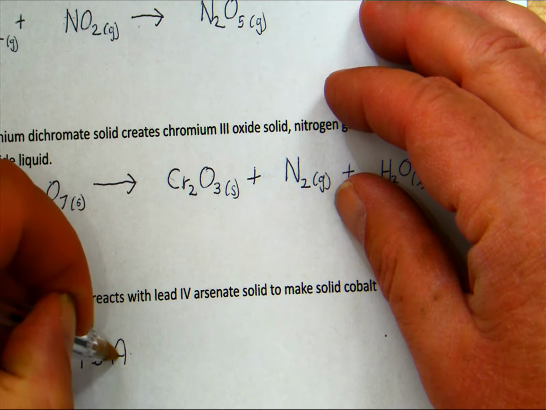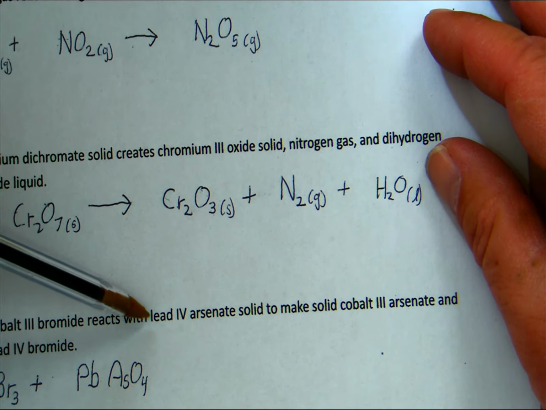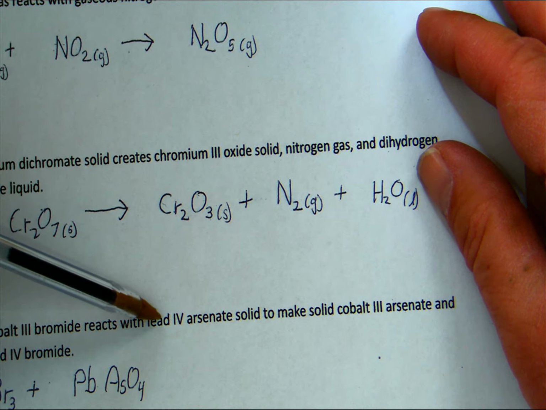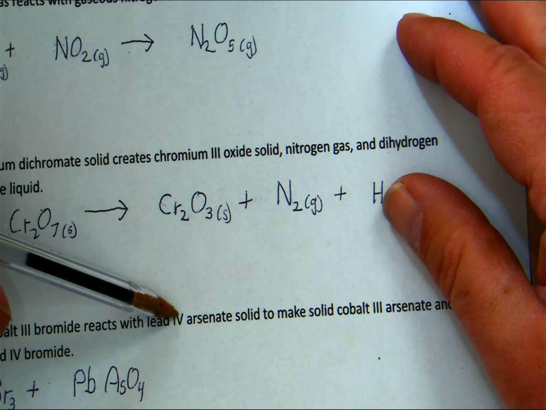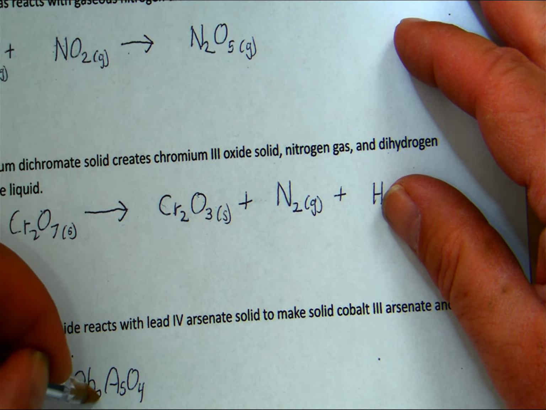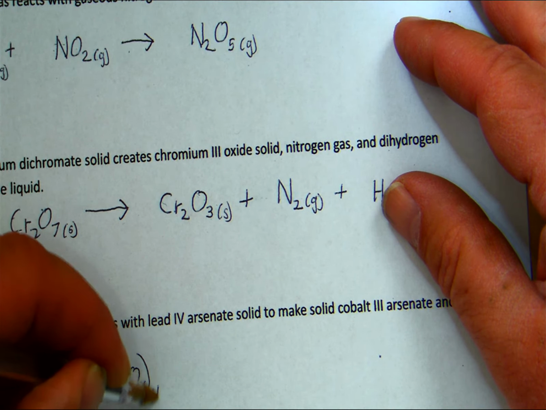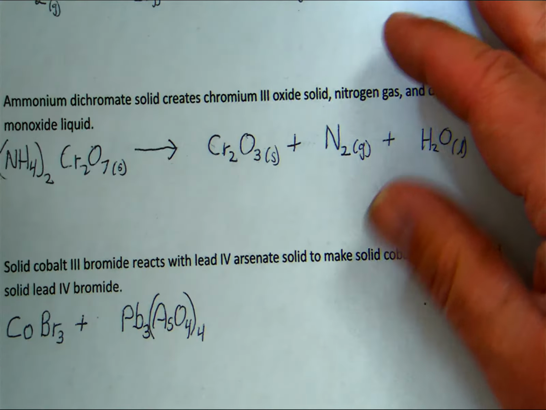So AsO4 has a 3- charge. The lead has a +4 charge. So we're going to have to do crisscross and use 3 leads for every 4 arsenates.